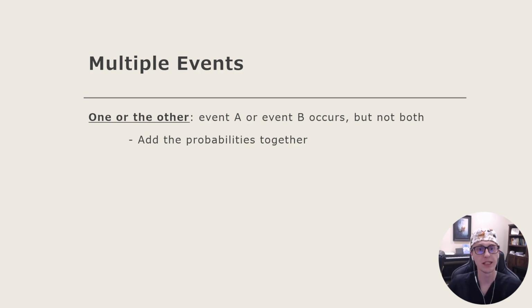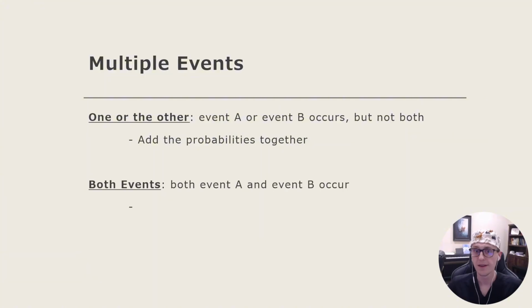So if we weren't given the number of marbles of each color, and we're only given the probabilities, say 25% and 25%, then we can just add those probabilities together to find what the chances are of picking one of those colors. Now, what about finding the probability that both events will happen?